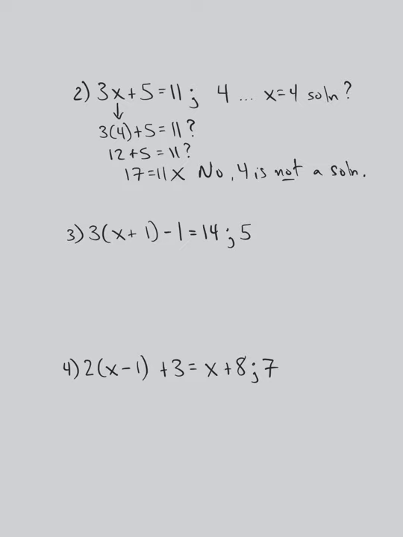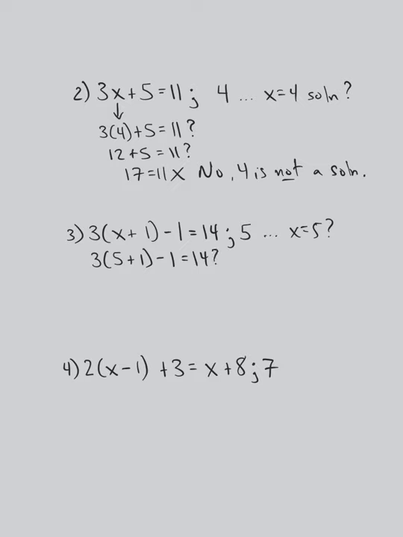And so then here on problem 3, here's my equation, and then I'm wondering if x is equal to 5. Okay, and so that's what we're wondering here. And so I'm going to plug x equals 5 in. Since it's already in parentheses, I don't necessarily need to put that in parentheses. Again, it gets a little confusing with so many parentheses. And so we're wondering if that left side is equal to 14.